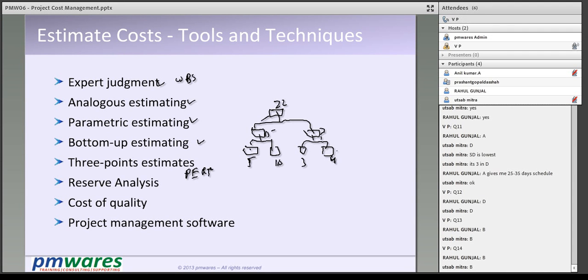Okay, reserve analysis, we also understand the cost. What is the cost of quality? To ensure quality in the project, you need to make some investment. Suppose you hired a QA. So QA has a cost, right? Who will check whether your project deliverables are of quality or not.